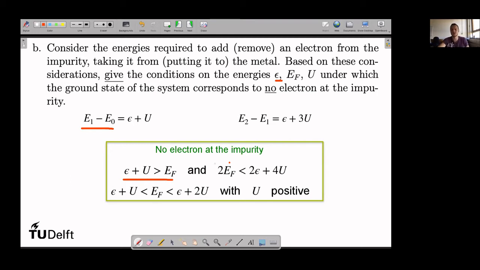So those two conditions combined will give you the following condition for the Fermi level. And again here, this condition will also mean that the interaction energy is positive, that the electrons on the impurity level have a repulsive interaction.